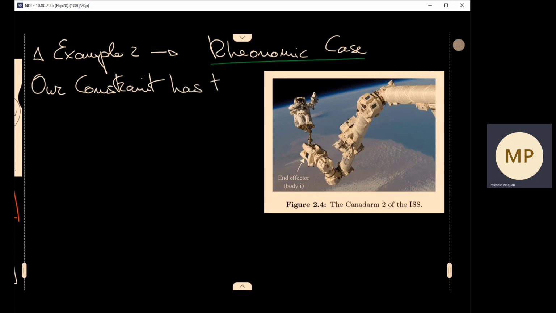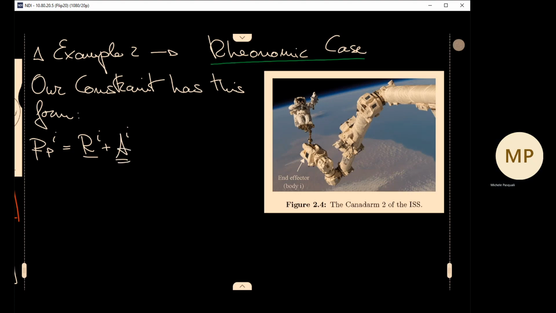Has this form. The position of point P, let's call this point P, of a certain body i of the end effector, which we can always write as we have just seen like this, R0,i,P, must be equal to a certain vector function f of t.